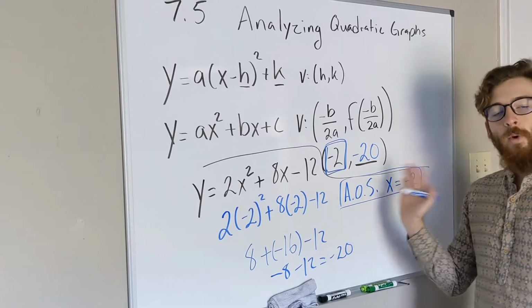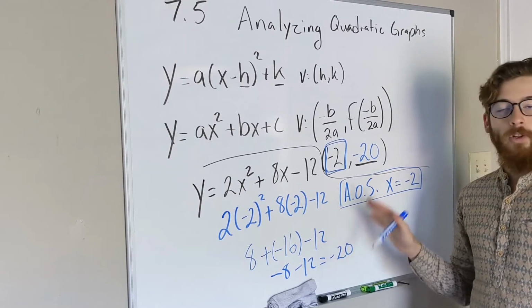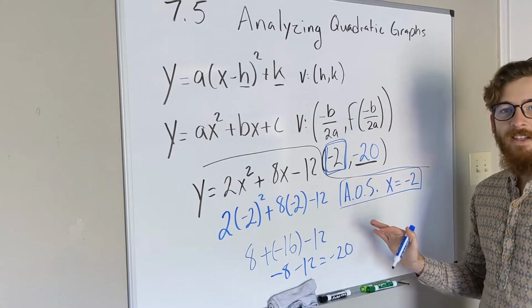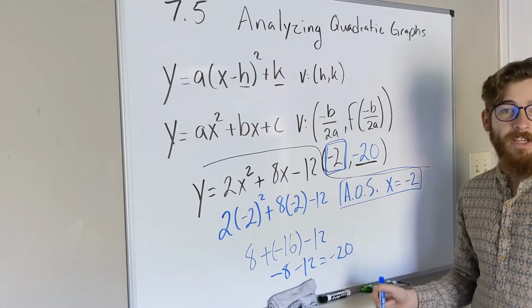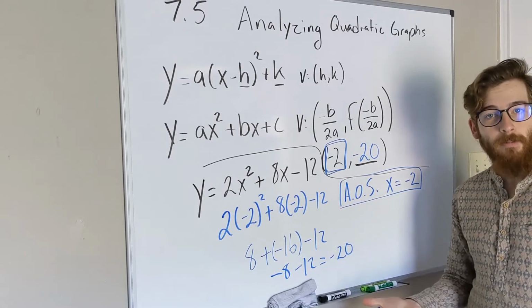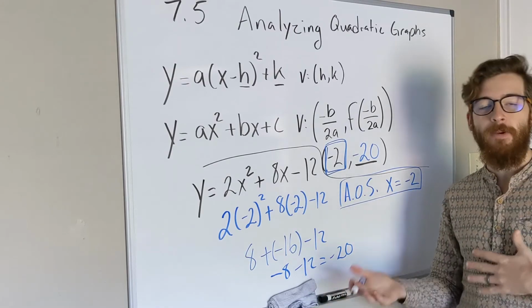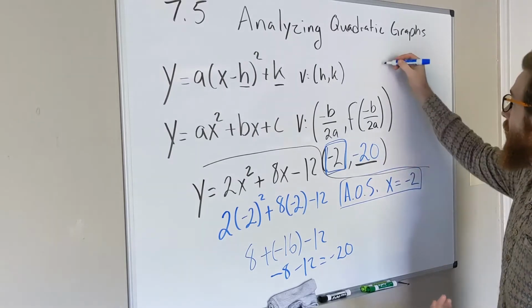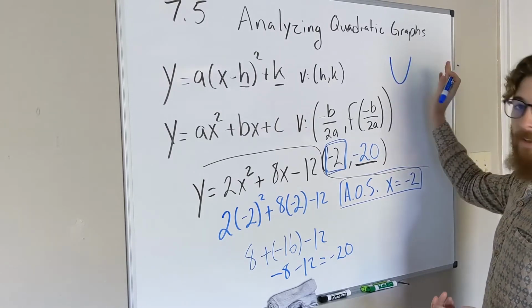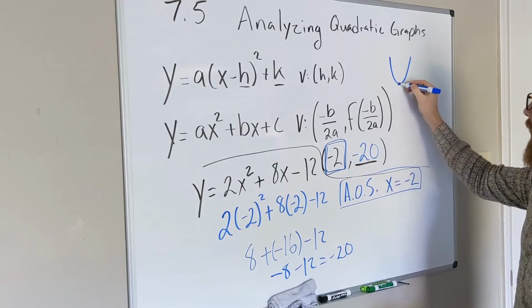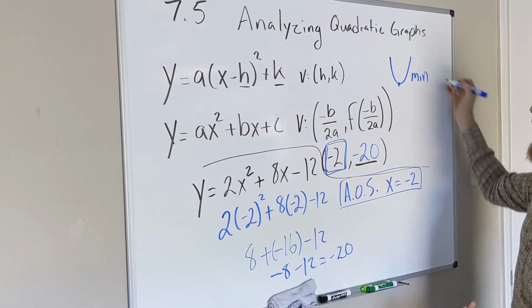Now, there's one other thing that we've kind of overlooked in looking at this, is that these vertexes are actually maximums or minimums. And the way that we determine if it's a maximum or a minimum is, if the graph opens upward, then this would be a minimum.